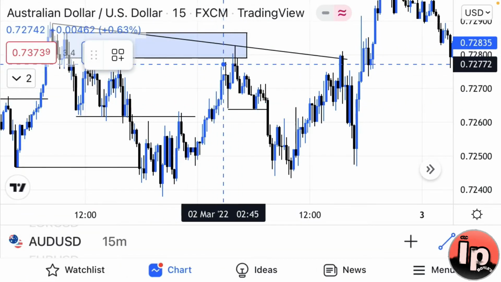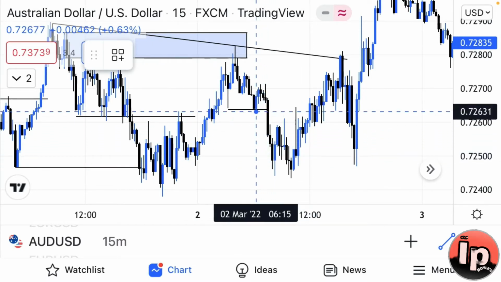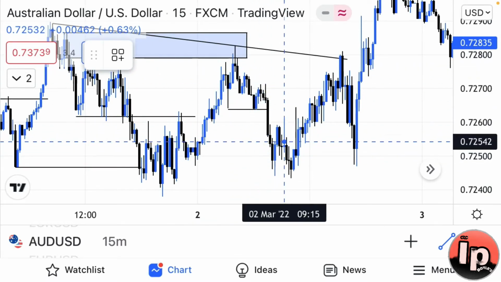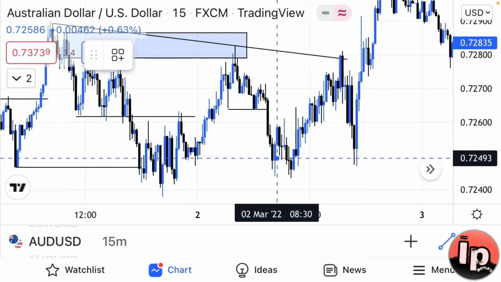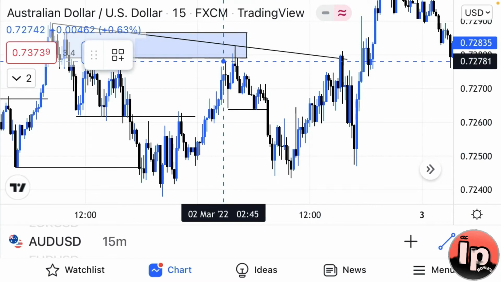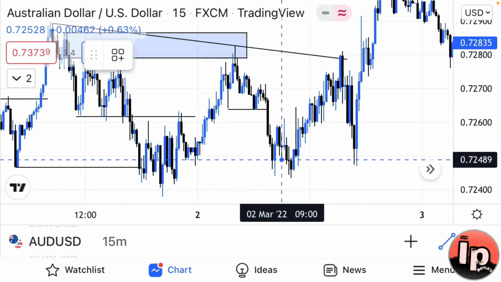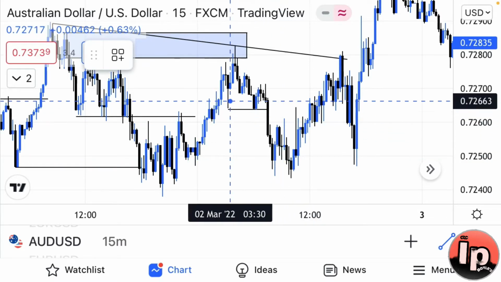Price tapped this zone, then dropped. This was in the morning, and I made this video saying that I probably missed this sweet move. I was at the lecture hall at my school, so I had to concentrate on school first before anything else.